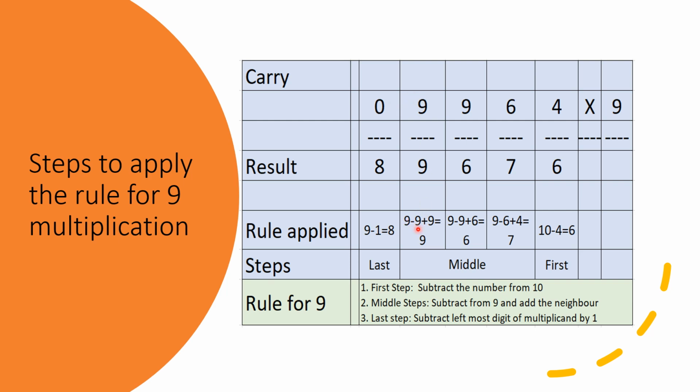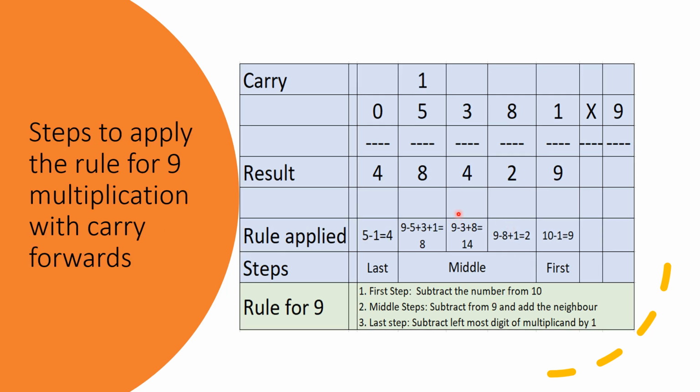And again 9 minus 9 plus 9 equal to 9. And the last digit we have to consider is the last-most digit of this multiplicand. The last-most digit of the multiplicand is 9, so we'll have to reduce this number by 1, so it is 9 minus 1 equal to 8. I've considered this example to avoid the carry forwards, as an example to show.